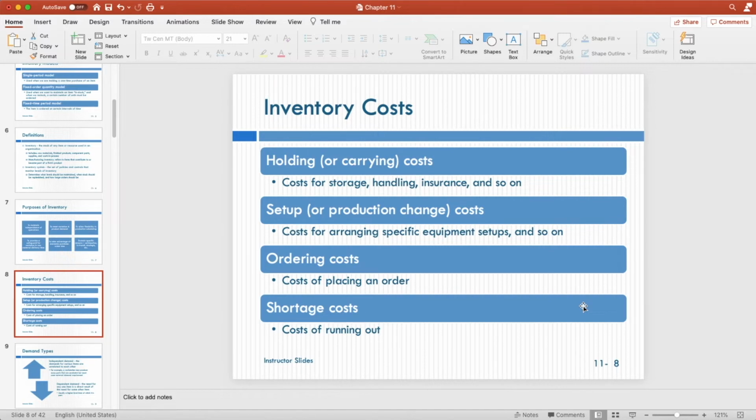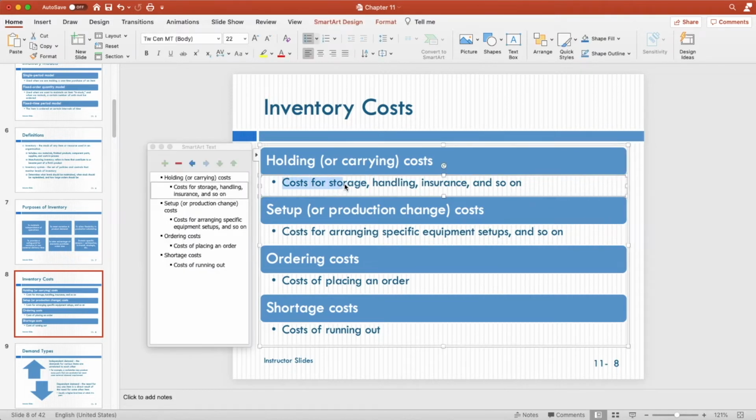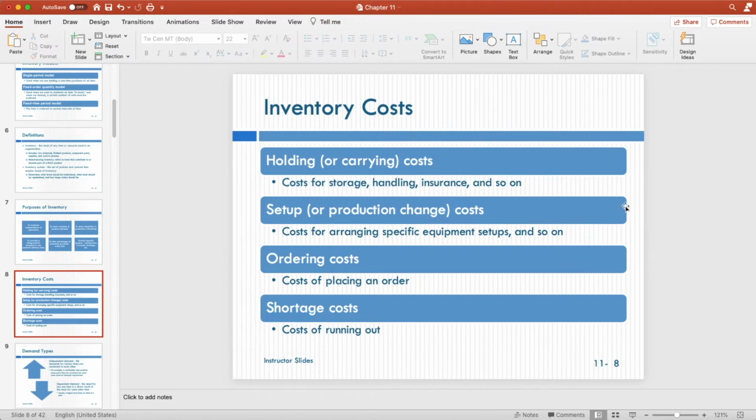Then you need space to store it, you have to handle it, you have to make insurance for those final products. So the holding cost is very common for inventories. As I show here, it relates to the cost of storage, handling, or insurance. So the first common type of inventory cost is called holding cost.